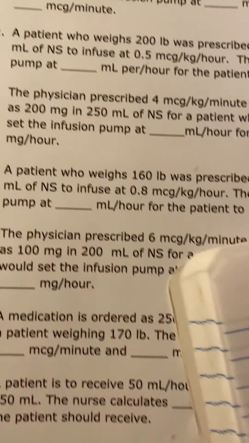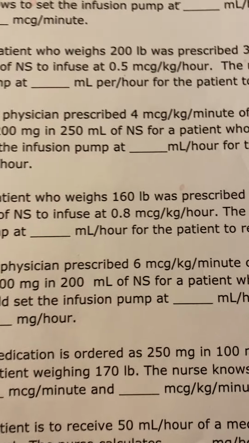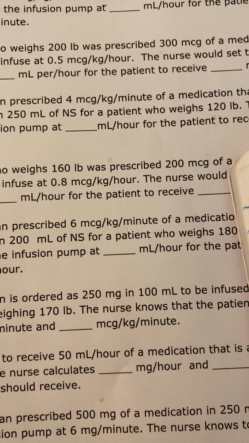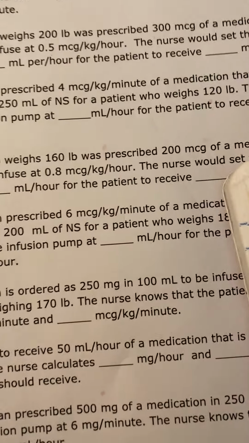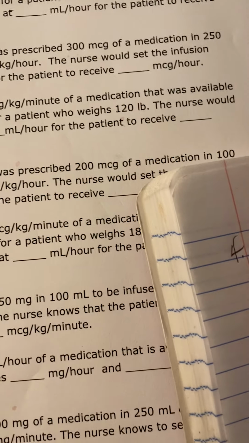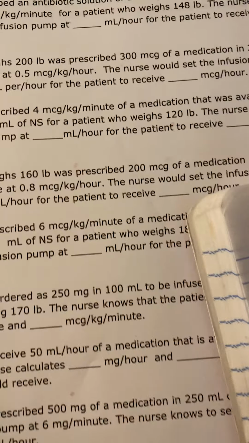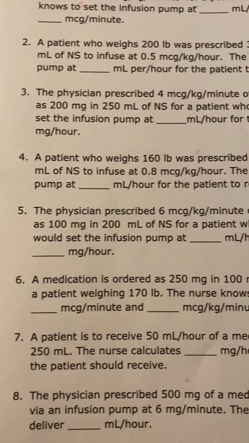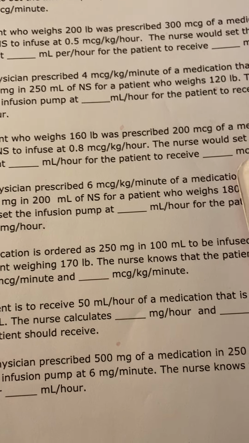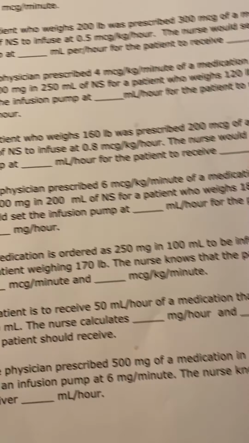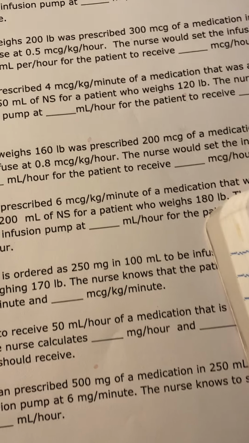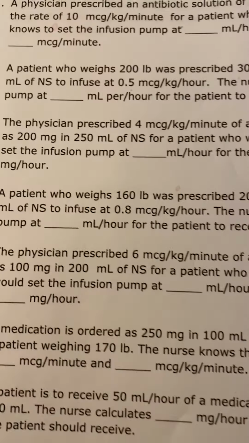All right. It says a patient who weighs 160 pounds, I'm going to write that down, was prescribed 200 micrograms of a medication in 100 milliliters of normal saline. Wait a minute, let me make sure I have the right problem.